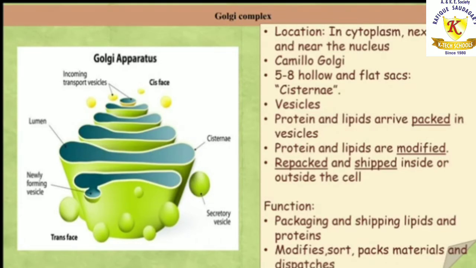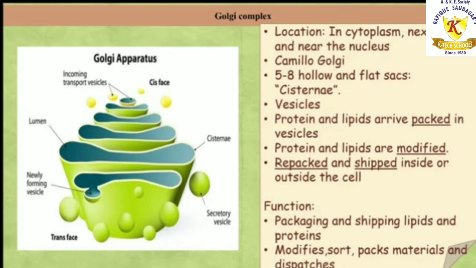The proteins coming from endoplasmic reticulum are enclosed in vesicles, which come towards the Golgi complex via cytoplasm. They fuse with the formation phase of the Golgi membrane and empty their contents in the cisternae.